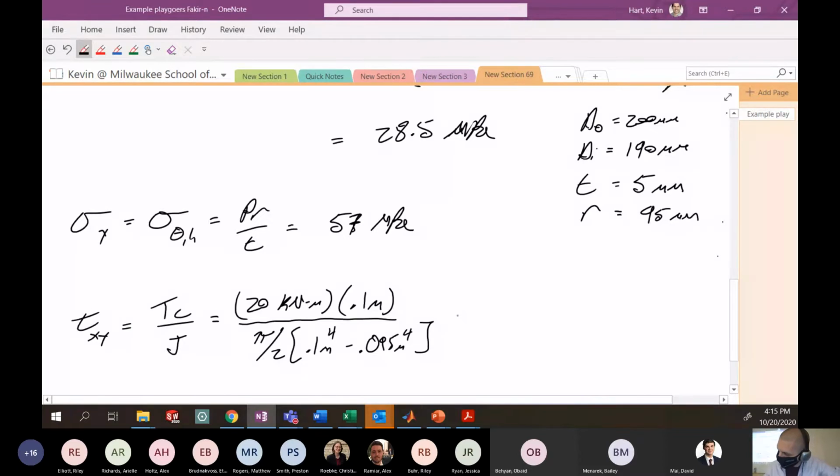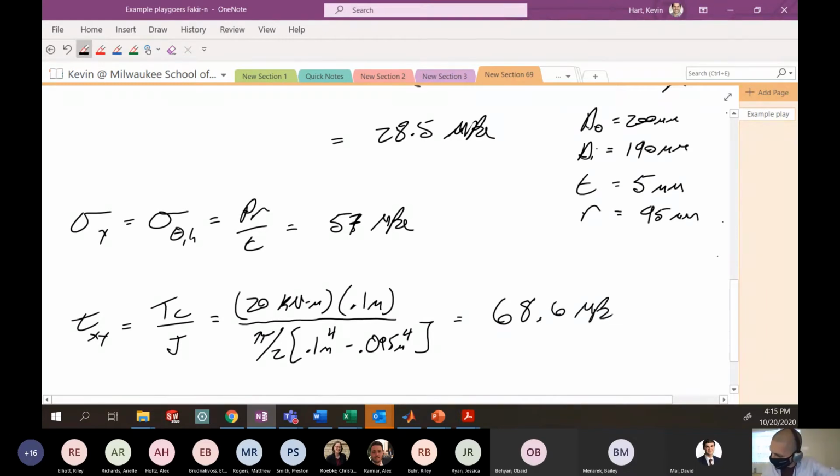Can you hook me up with your calculator? It's going to be some big number. So we have 68.6 MPa.